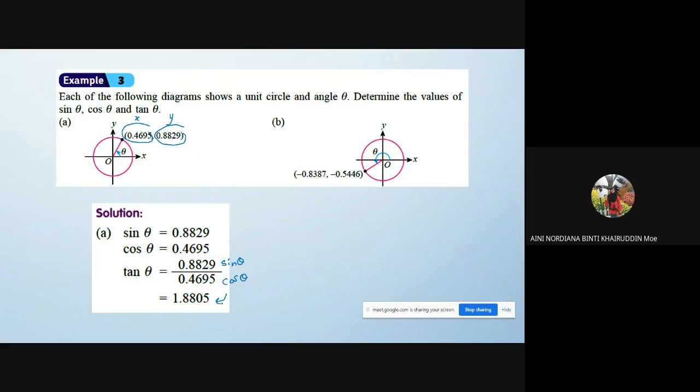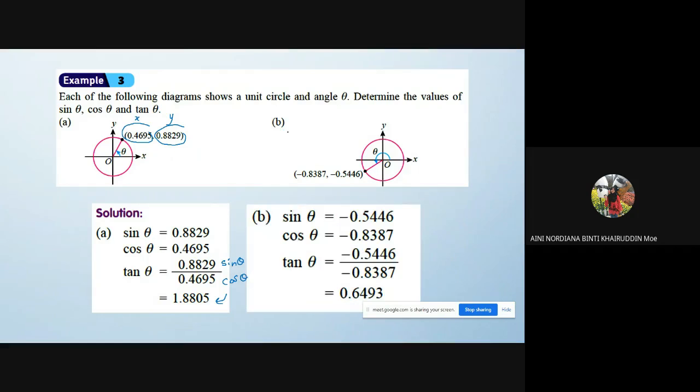So this is the answer. For B, sine theta Y, cos theta X, tangent theta Y over X. So this is the answer. Senang je. Ambil je apa yang diberi.